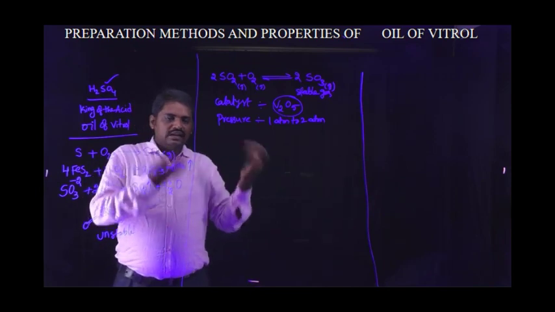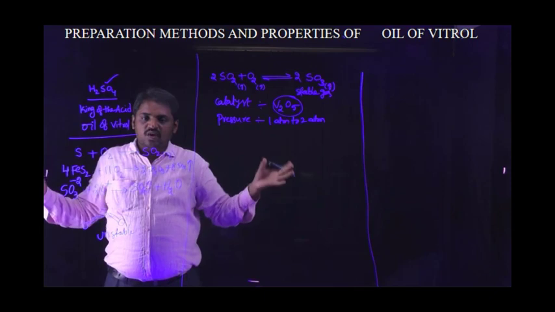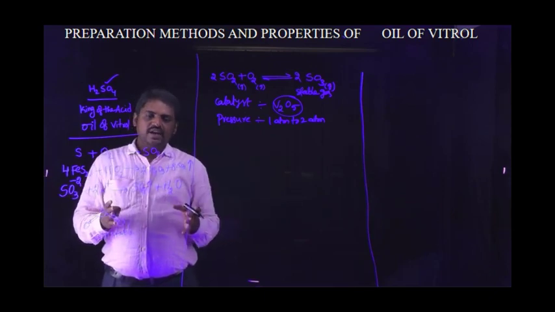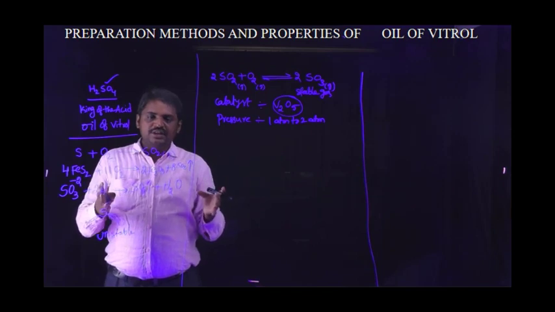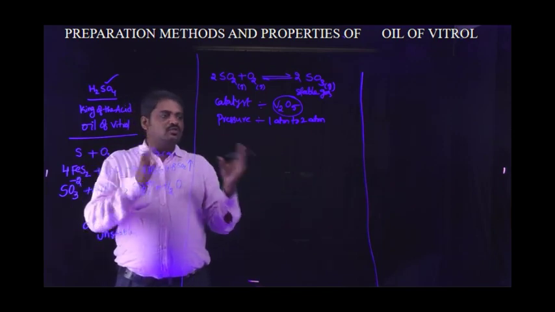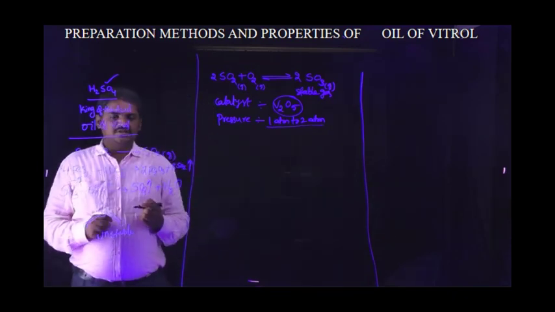Otherwise, the acidic towers would collapse. That is the main reason. So in this experiment, acidic towers are present, and based on that, normal pressure like 1 atmosphere to 2 atmosphere is maintained.